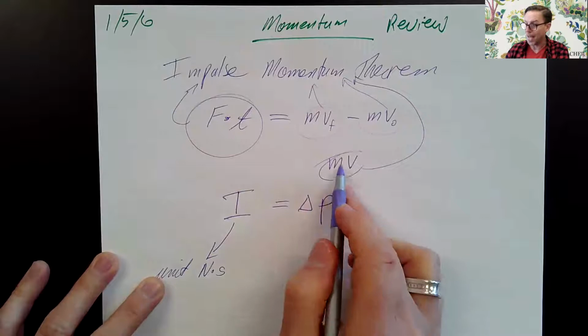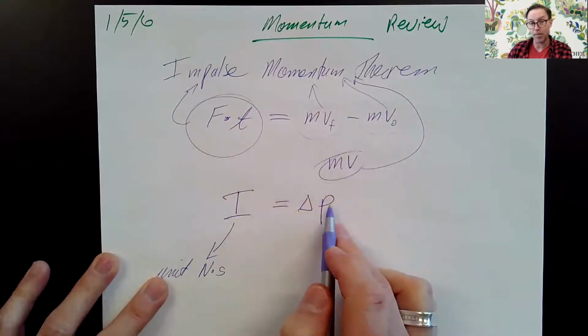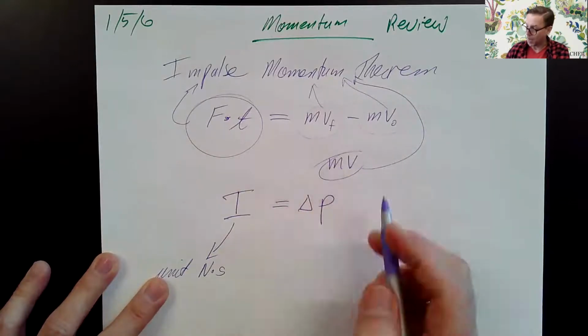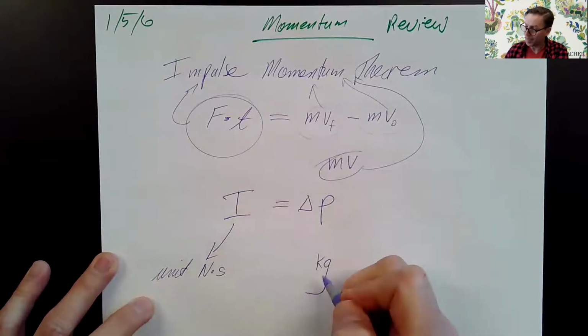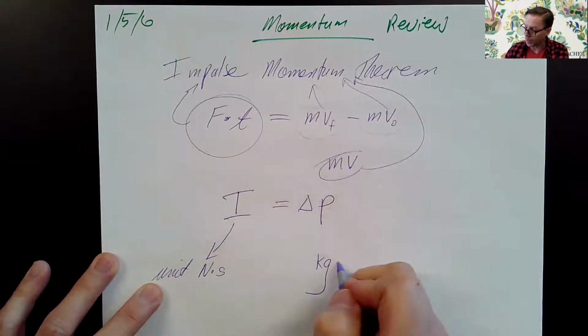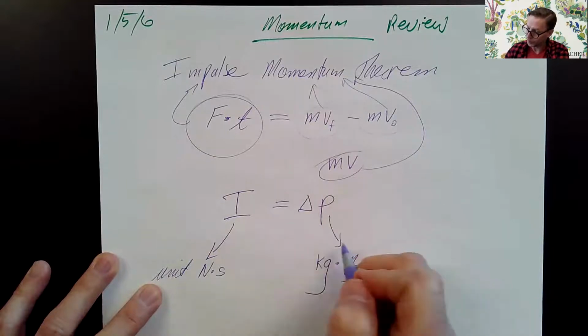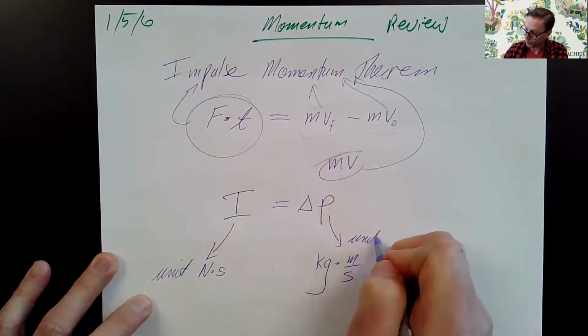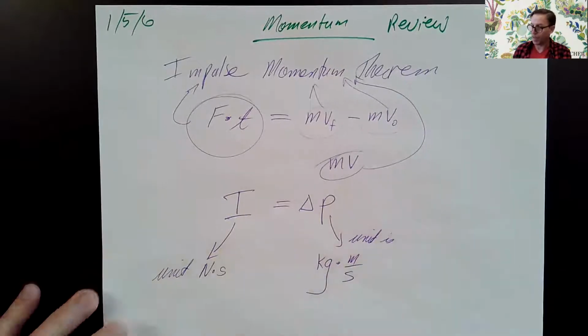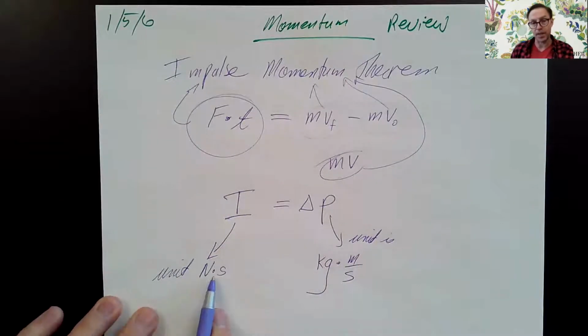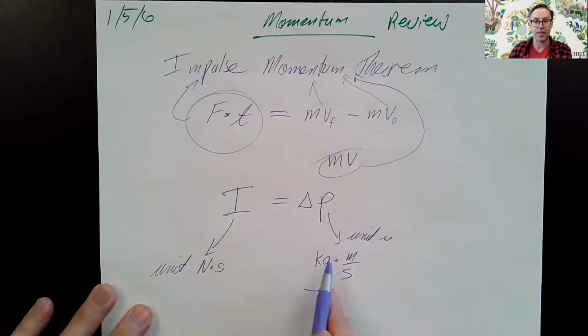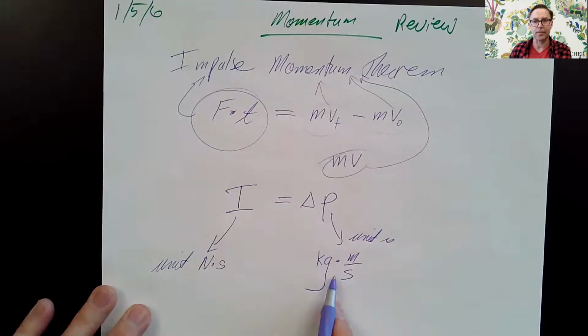Since momentum is mv, the unit for momentum is the unit for mass, kilograms, times the unit for velocity, meters per second. So the unit for impulse is newtons times seconds. The unit for momentum is kilograms times meters per second.